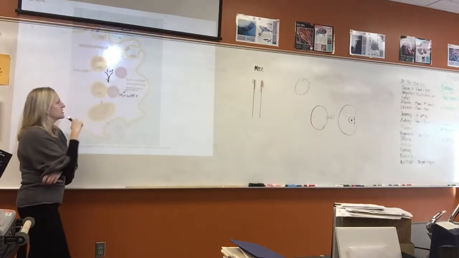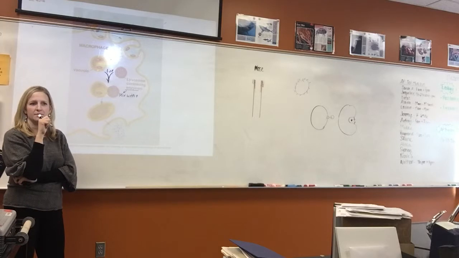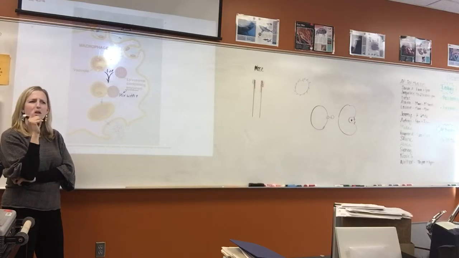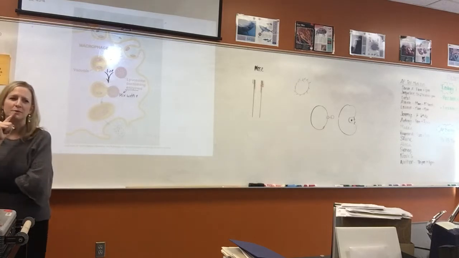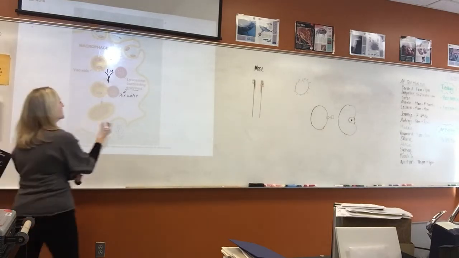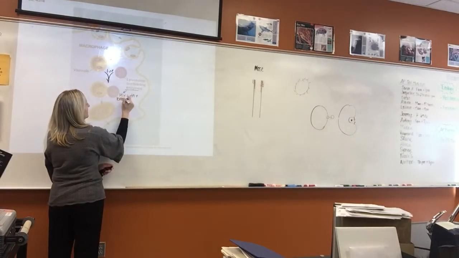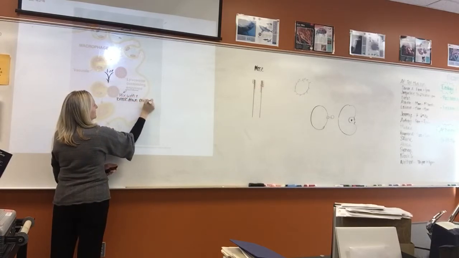What are they going to do to the microbe, does it look like? Eat it. Well, they're not really eating it. The enzymes don't eat. What do the enzymes do? Break it down. They mix with and break down the microbes.